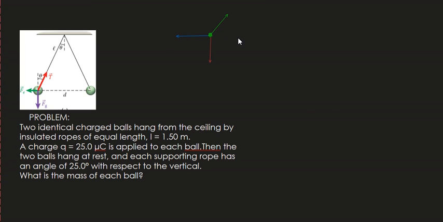So take note sang ma-experience niya nga mga forces. We will have, okay, this is your force due to gravity. This is your electrostatic force because of the other charge, and this one will be our tension or tensile force. So we are going to apply your knowledge about physics in solving this type of equation.